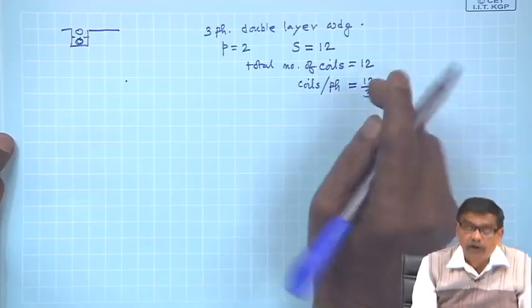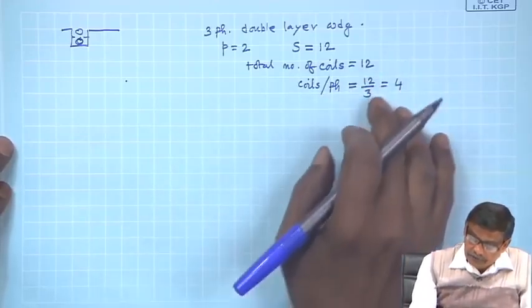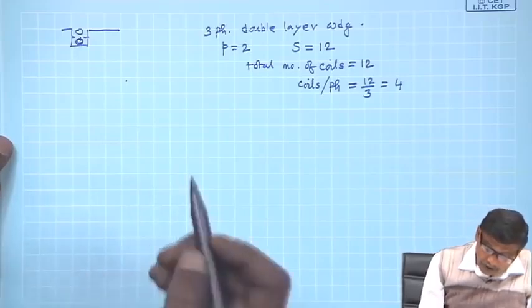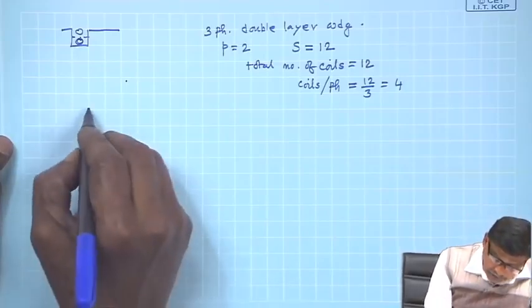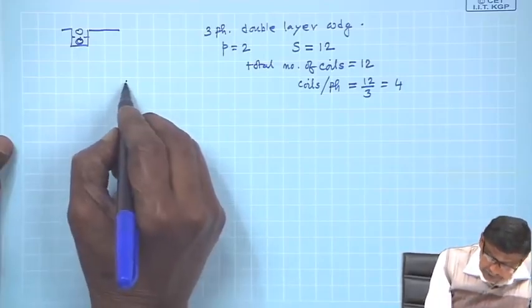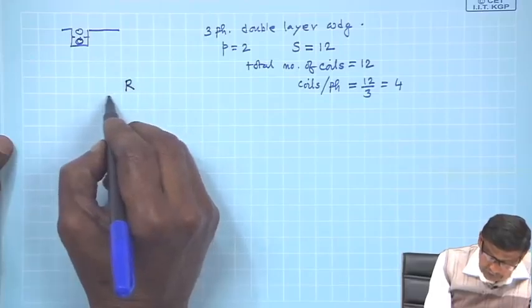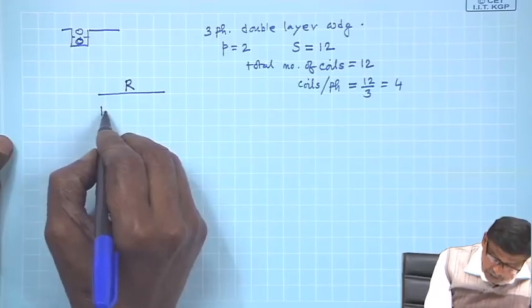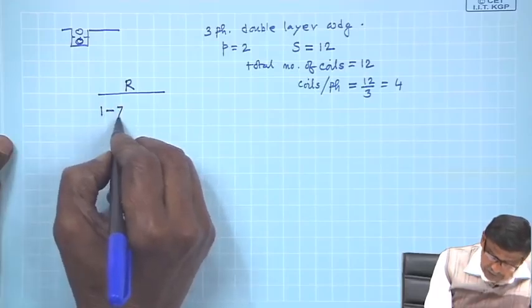That should be 4 coils of R phase, 4 of Y and 4 of B phase. Now, how to start this? Suppose you have R phase, I am trying to do, I will write R phase. So, R phase will be 1 and 7 dashed.